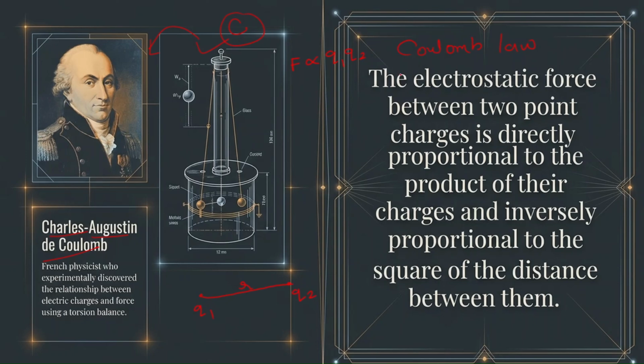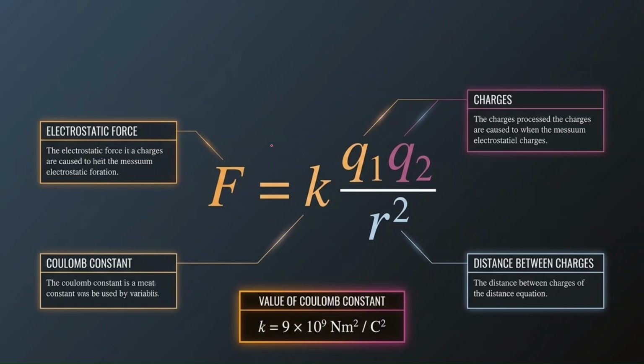Now, according to Coulomb's law, the electrostatic force between two points is proportional to 1 upon r squared. Now, let's combine together. We get Q1 Q2 upon r squared. So we get F proportional to Q1 Q2 upon r squared.